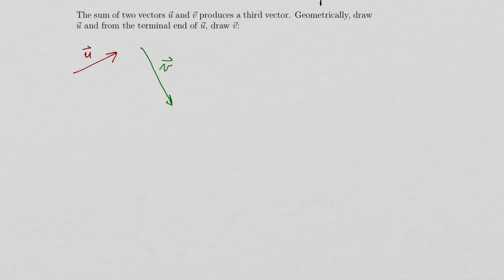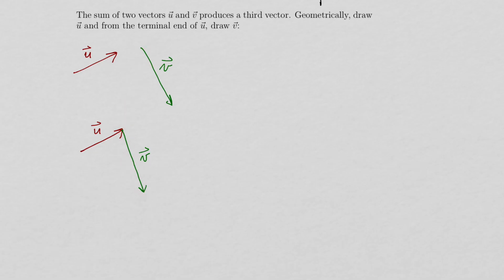The way we add two vectors is we start with the first vector, u, and it actually doesn't matter which one we start with, but I'll start with u. And then I move v so that the tail of v is at the tip of u. And I draw v.